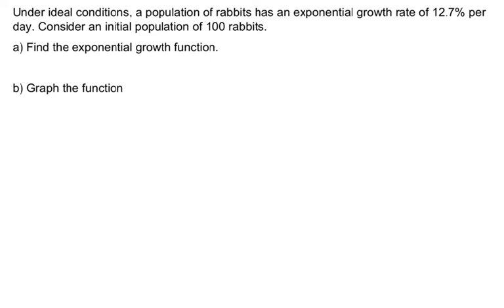The first thing we're asked to do is to find the exponential growth function. I see those words, population and exponential, and that lets me know I'm going to use my PERT formula. So I know what my initial amount is, and I know what my rate is.